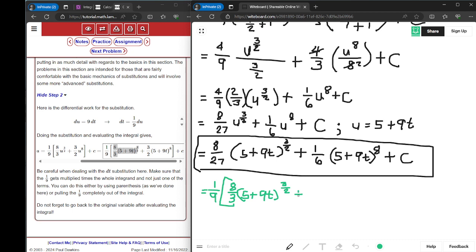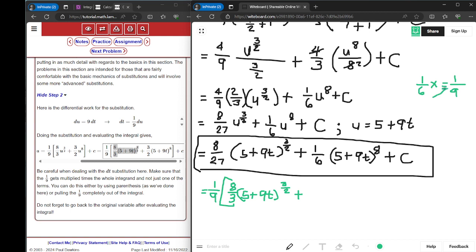Okay, then how about 1 over 6? What will happen if we move out 1 over 6 from this, so that the result is 1 over 9? So what shall we divide 1 over 6 by? That will be x, so that the result is 1 over 9.